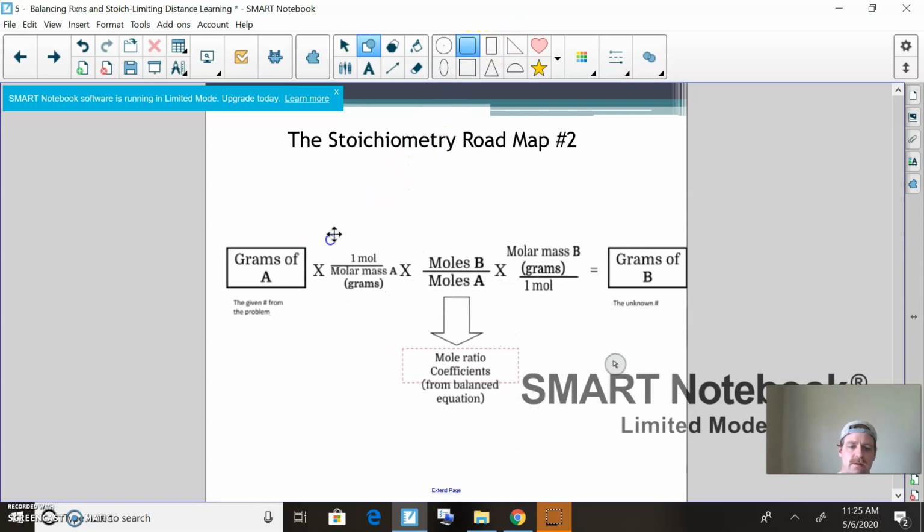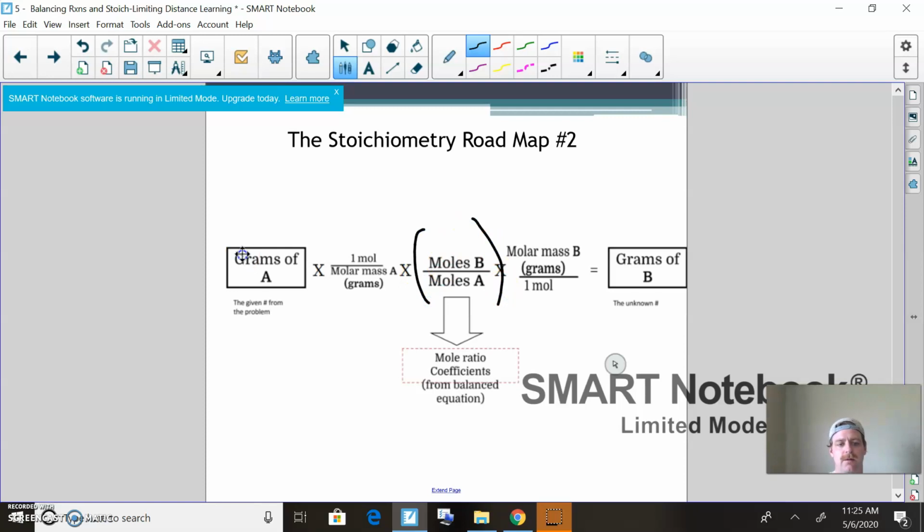Before you did this, you did this bracket right here. Essentially you said, okay, moles of A, moles to B, and you used this middle bracket. Well, now what we are going to do is add what we call grams. And grams is just adding two more brackets on the front end and the back end of what you just did in your last lesson.